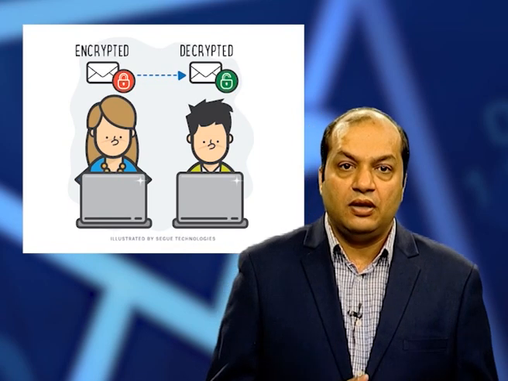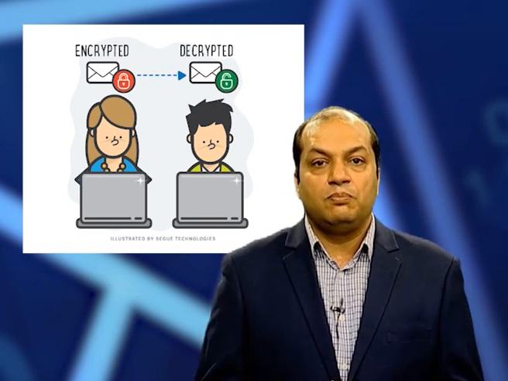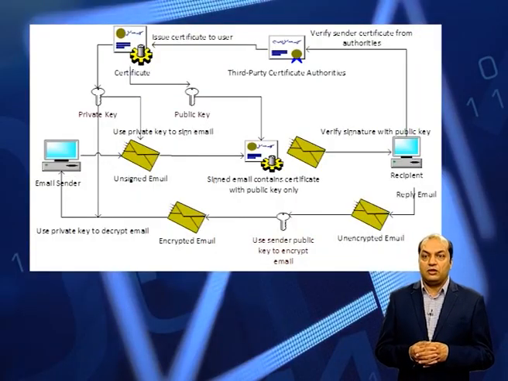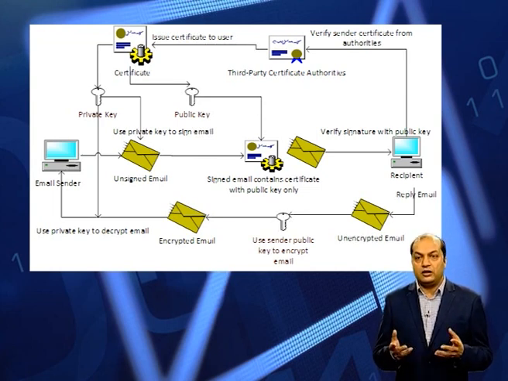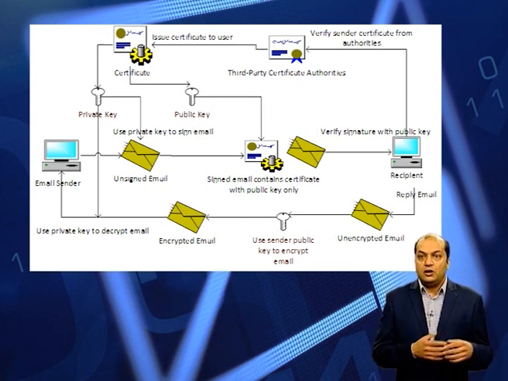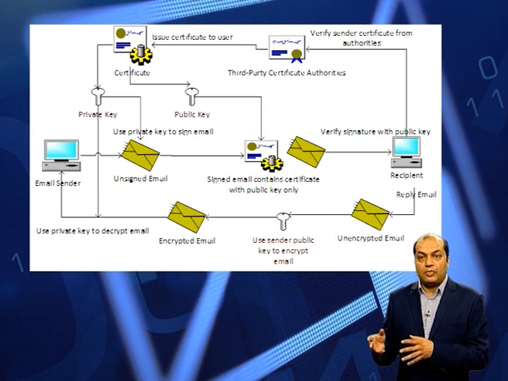In an encrypted email exchange, the sender encrypts the email and the receiver has to decrypt it. This can be done using public key cryptography or symmetric key cryptography. Now, when the sender is sending the email, he will select one random secret and it will be encrypted by the recipient's public key, which is known to the sender.